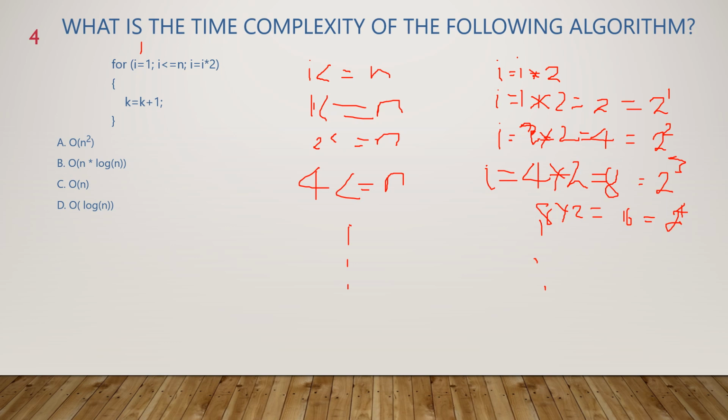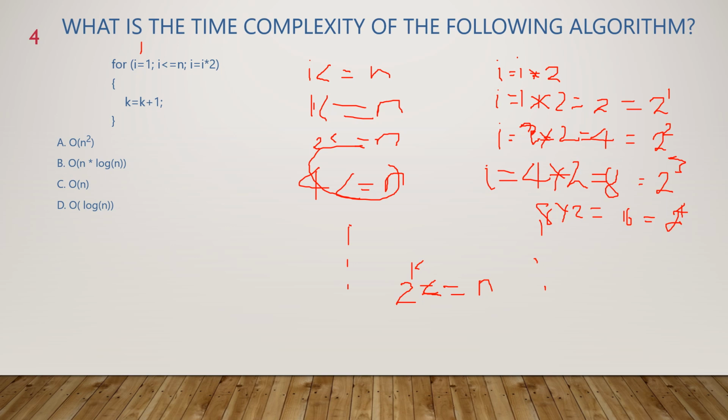Based on this, this is the value of k: 1, 2, 3, 4. For these operations, this is 2 to the power of k. This is less than or equal to n.